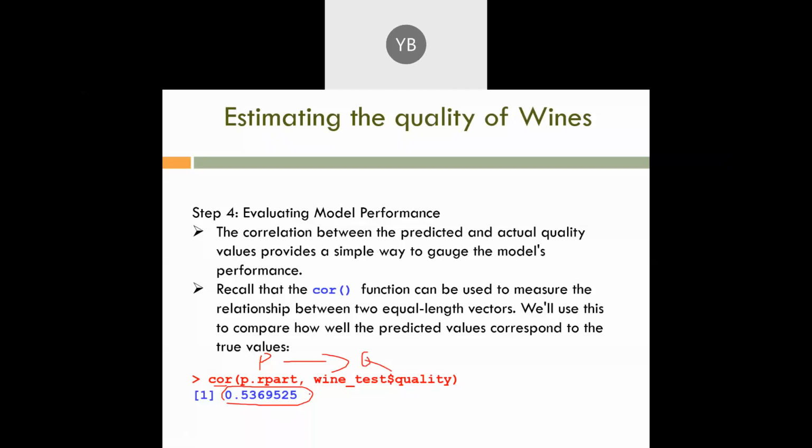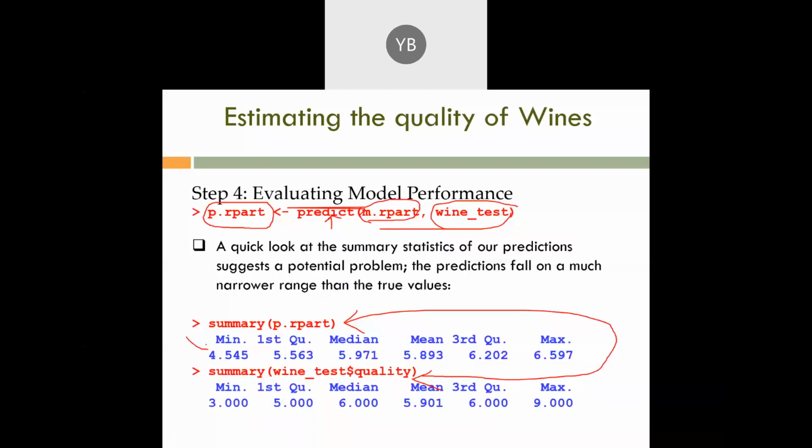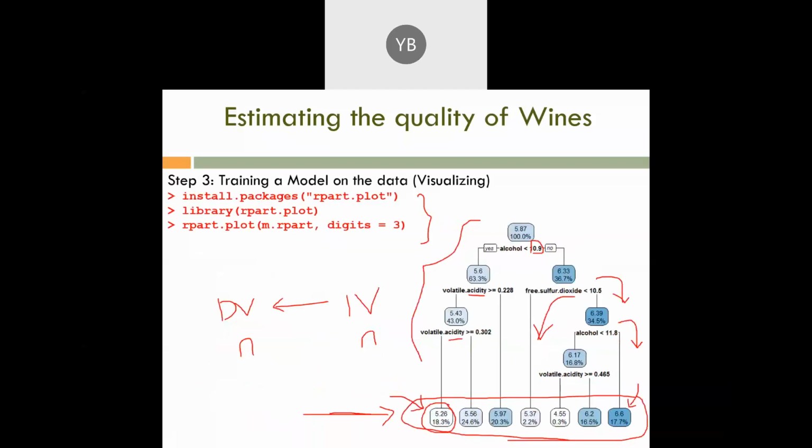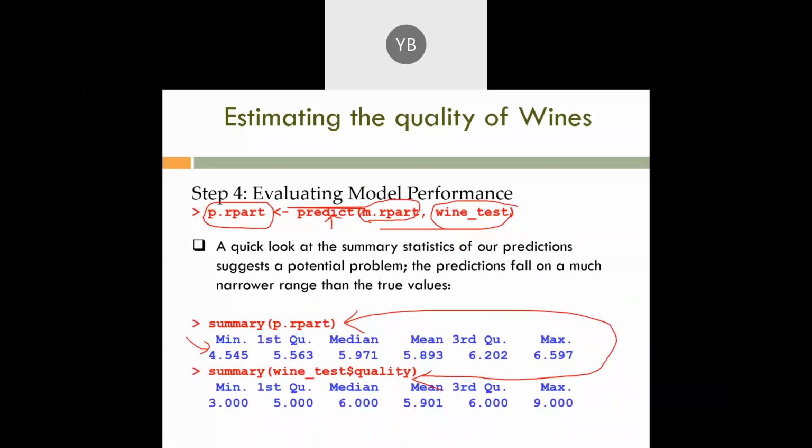So the higher the correlation here, the better your modeling. So you need to understand why we use correlation, because the output that we get from the prediction will be numbers. Okay. Remember this value. This is the prediction that we get. Then we will compare with the actual quality.